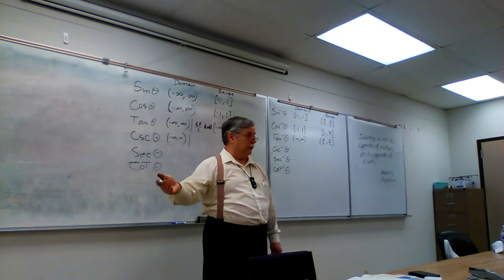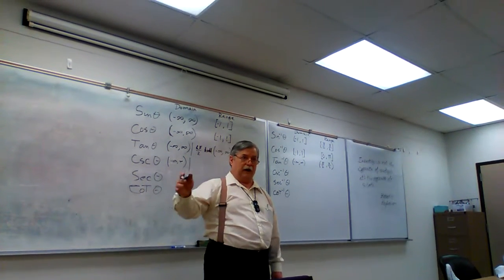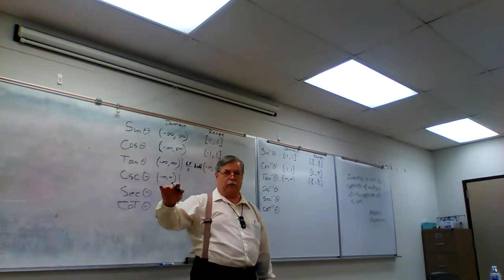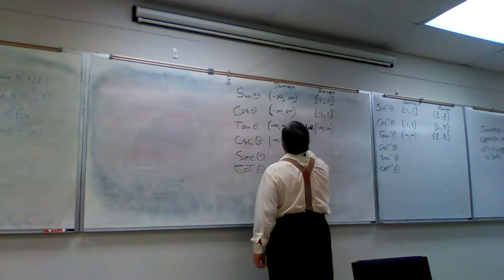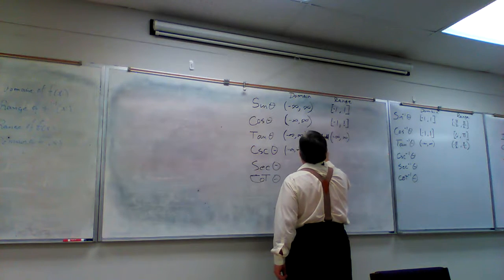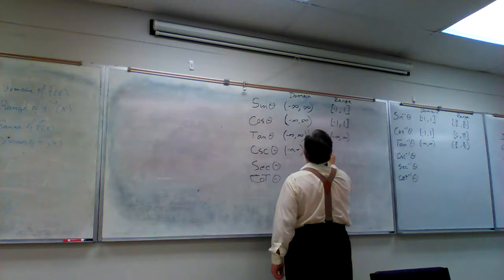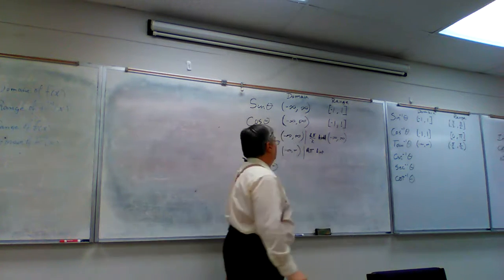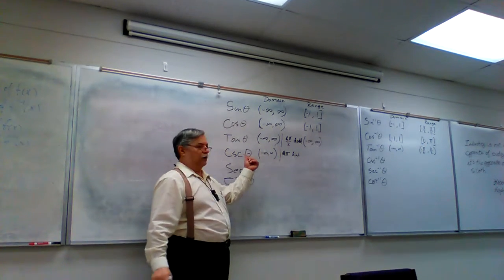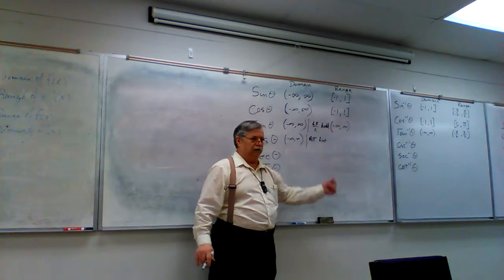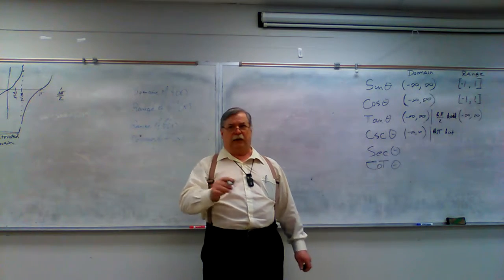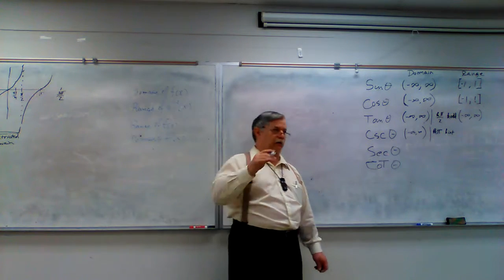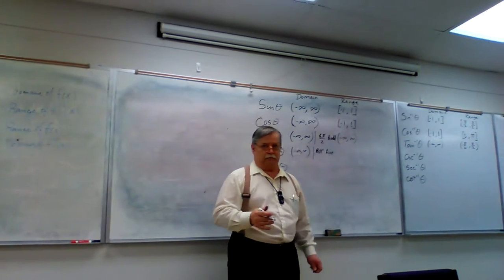At 0, pi, 2 pi, 3 pi, 4 pi, at all multiples of pi. So the domain of the cosecant function is minus infinity to infinity, except at any multiple of pi, k times pi for k equals any integer.